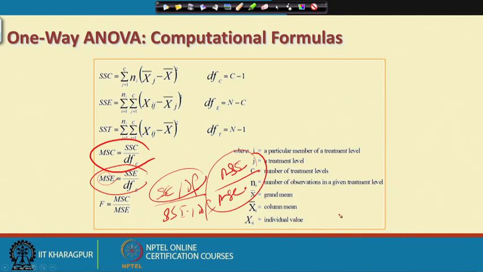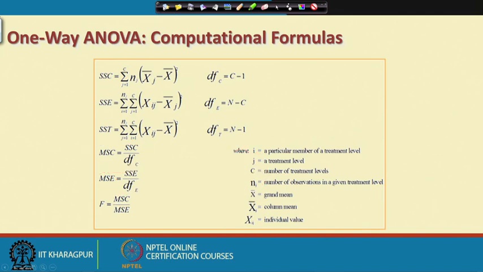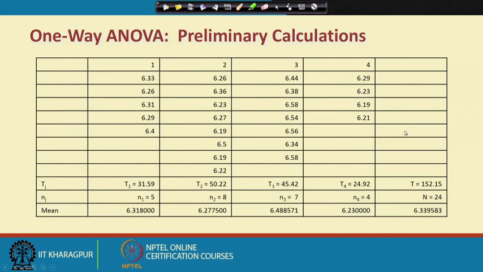Then finally you have to check the F critical, and the final decision will be the comparison between F calculated versus F critical at a particular probability level. That depends upon the alpha which you have to fix. So, the typical structure will be like this. Let us discuss with some examples.